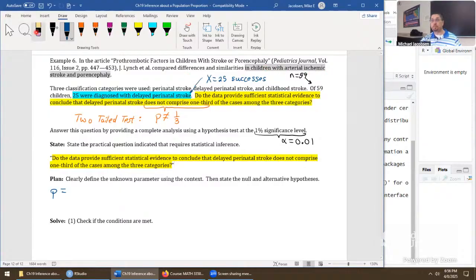This looks like it really is the population of the problem. So when we go down to write down the parameter, we might say P equals the population proportion.